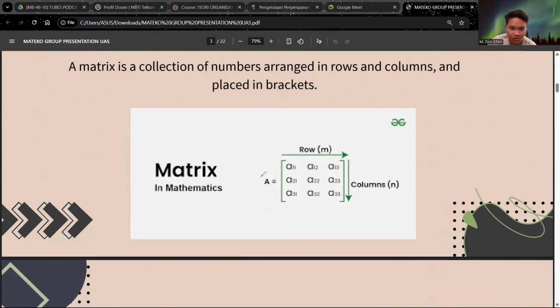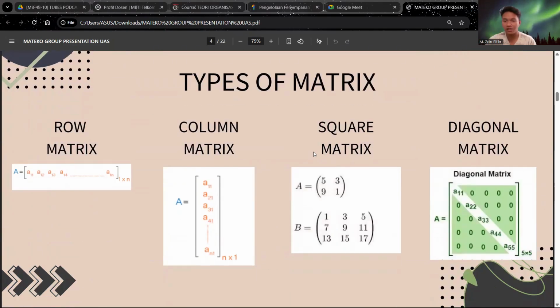Next presentation. Right now we talk about types of matrices. The first one is the row matrix. Based on its name, it goes to the side, to the right.